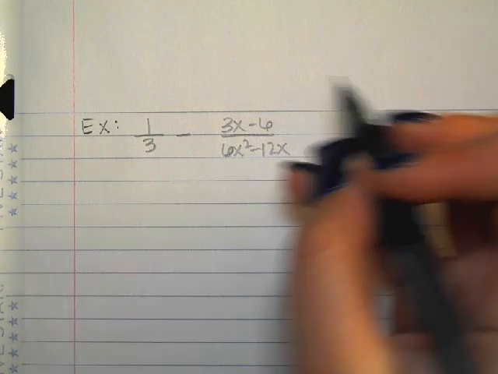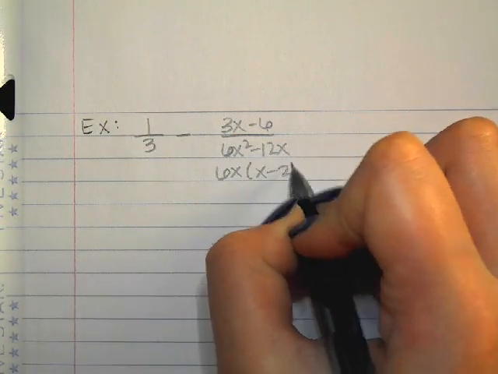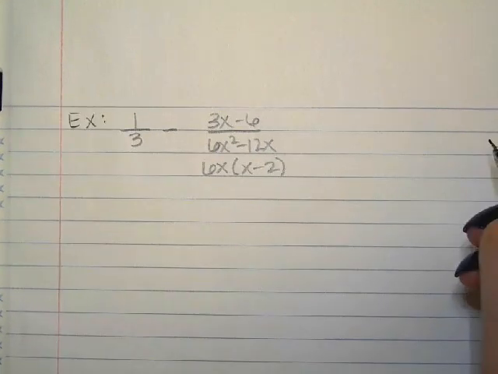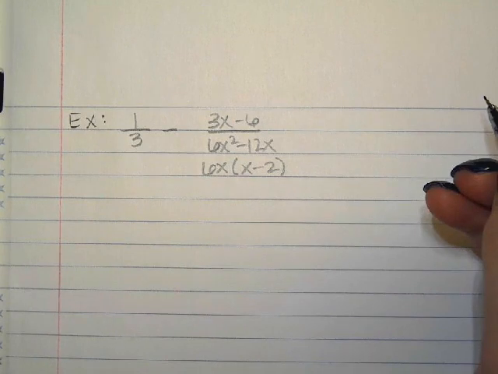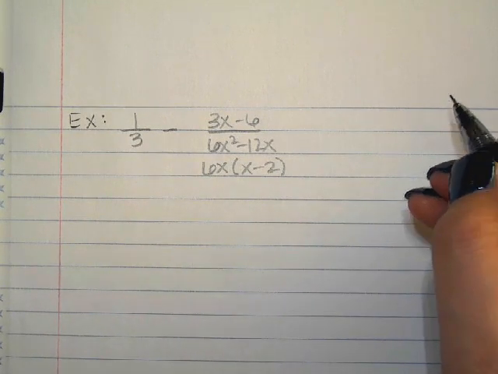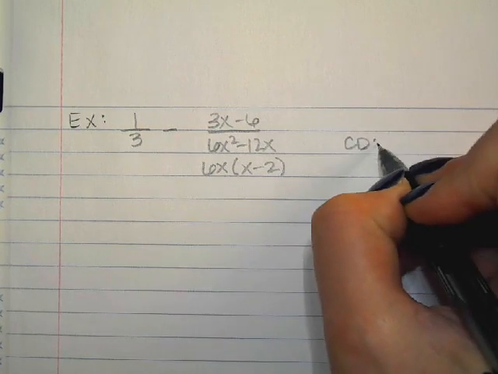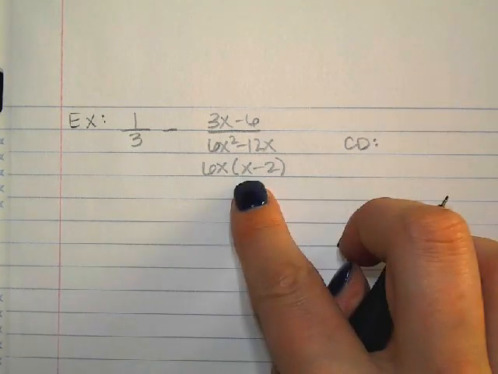So again, I'm going to go ahead and factor this denominator, and you'll notice that that's very common for the problems that I'll be giving you, that they'll have a binomial on the bottom that you'll have to factor using GCF. I can't remember if I said difference of squares or not. I might have misspoken and said difference of squares, but I meant GCF.